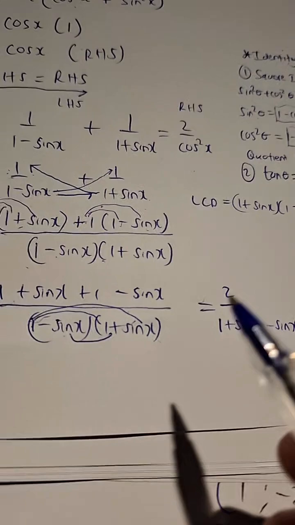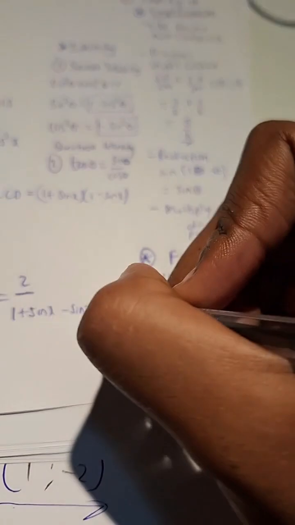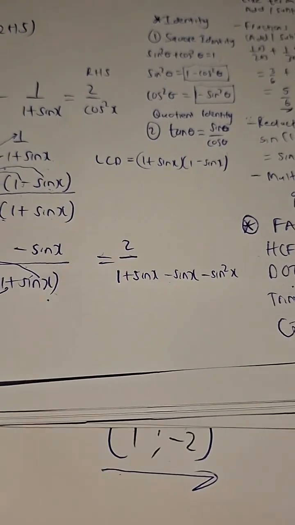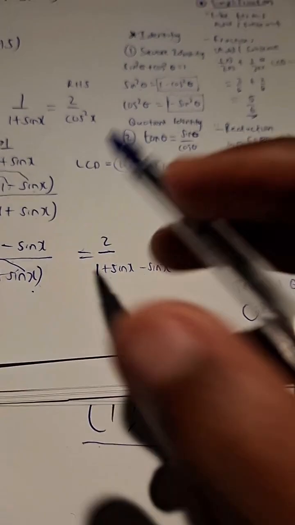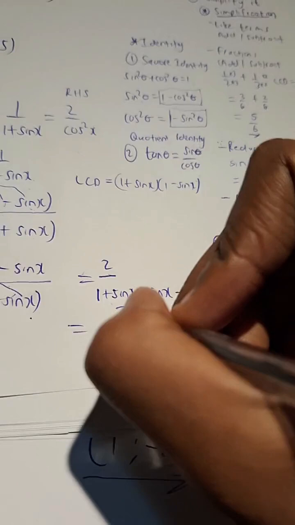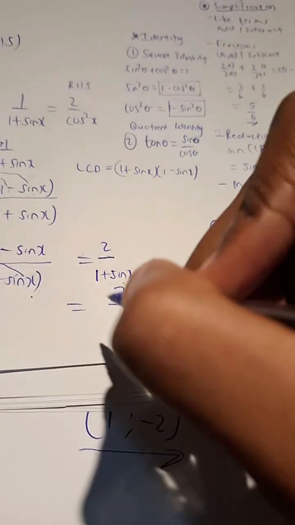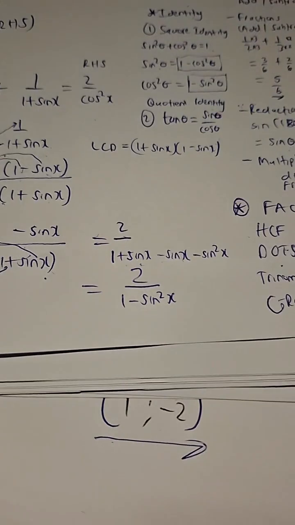And then last but not least, negative sine x times positive sine x, that gives you a negative sine squared x. In the middle, you have like terms that can be added and subtracted. So that means you're going to have 2 over this, and this gives you 0. You are left with 1 minus sine squared x. Do you see that, guys?